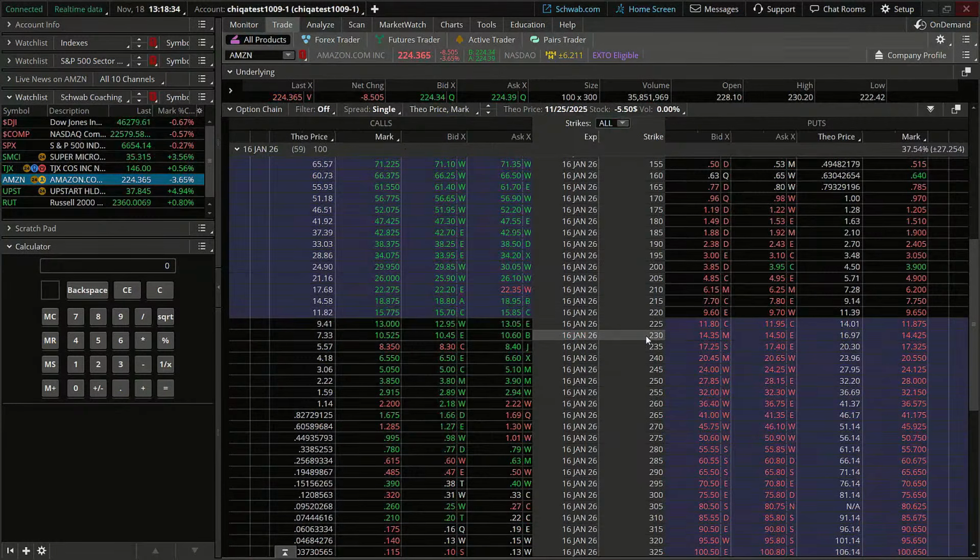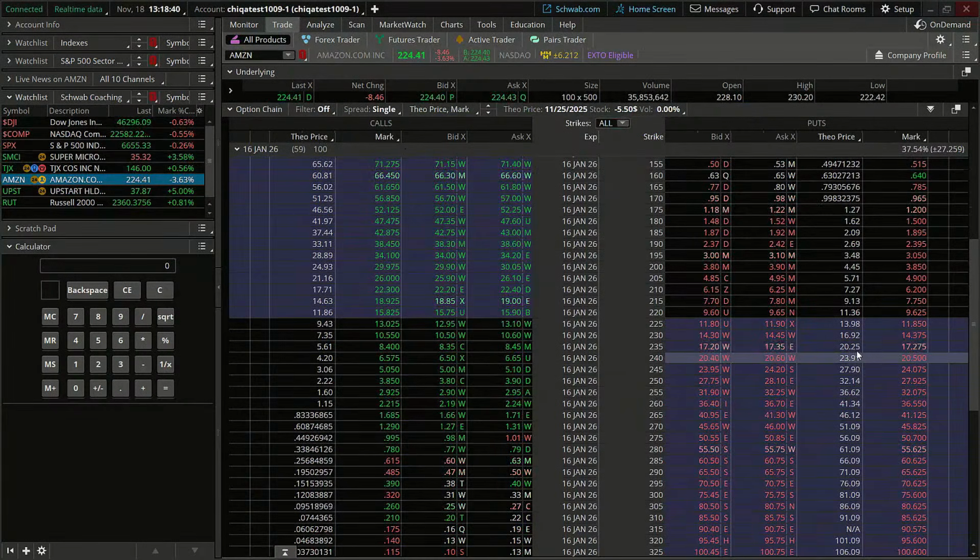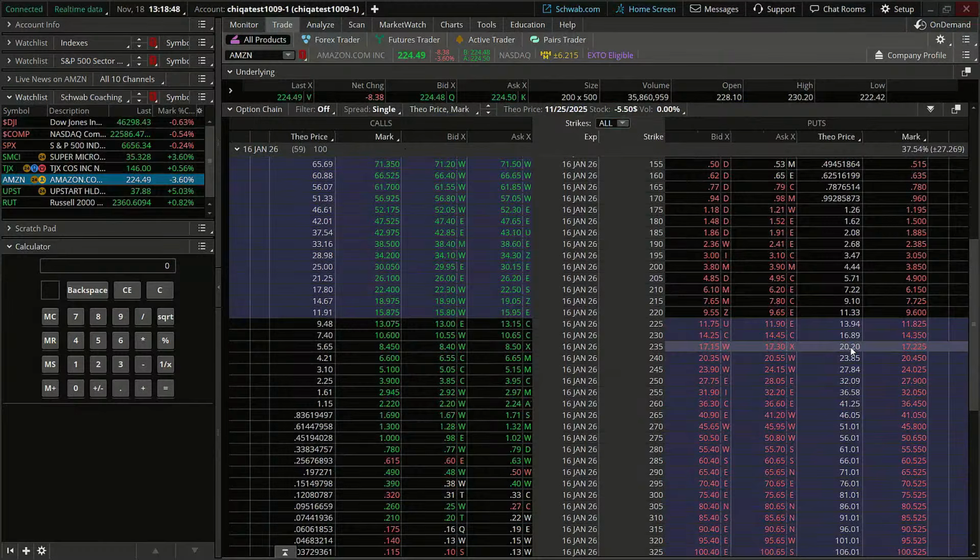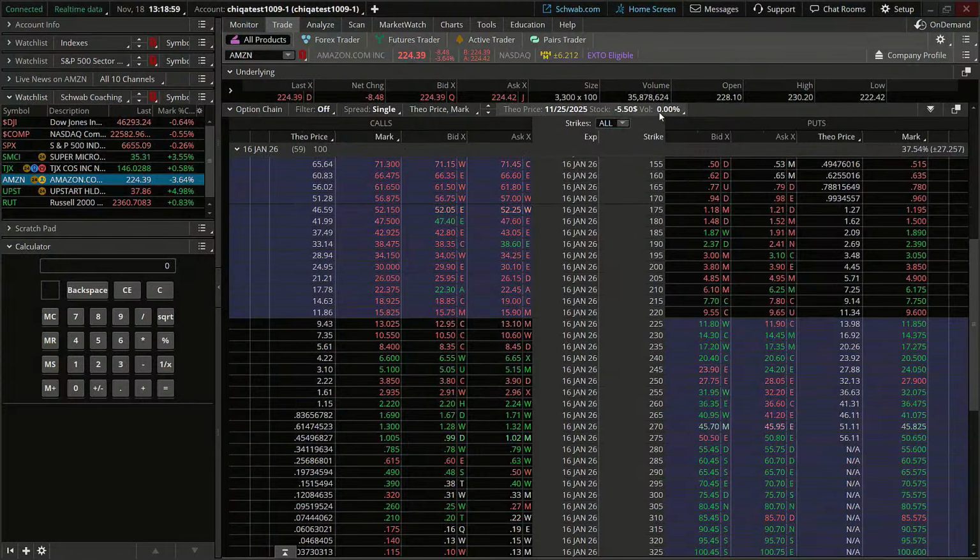And the further we move into the money, like the 230, the 235, the 240, we're obviously going to have a much larger move on that option, especially in percentage terms, as we see that continued move to the downside with the price of the stock. So that's something to keep in mind there.